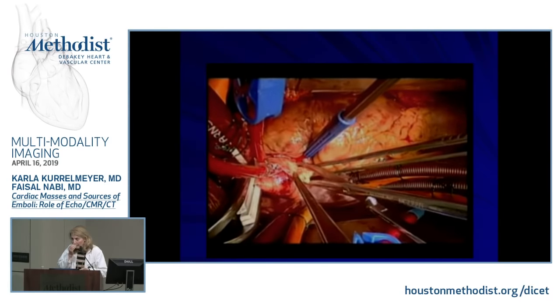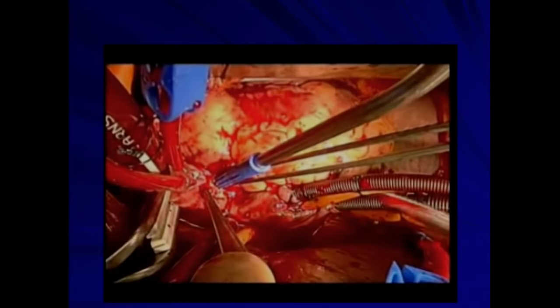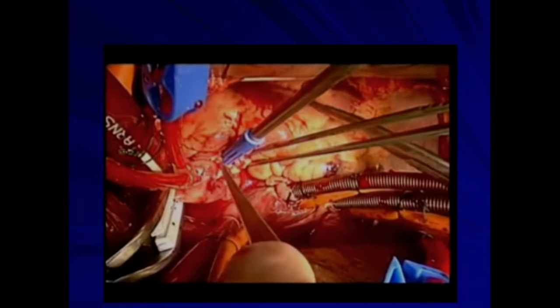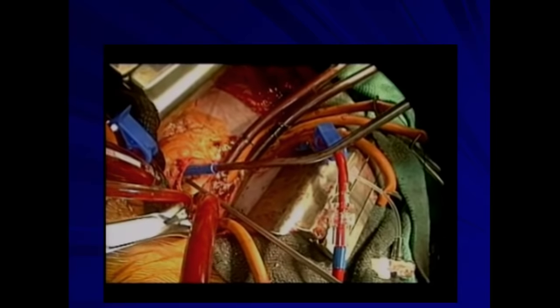And this is actually her surgical video, compliments of Dr. Reardon. You can see here he's cutting into the left ventricle through the epicardial fat. And eventually, once he gets inside, you will see that he's hunting towards the apex. He's cutting through a lot of trabeculae to try and find that mass.